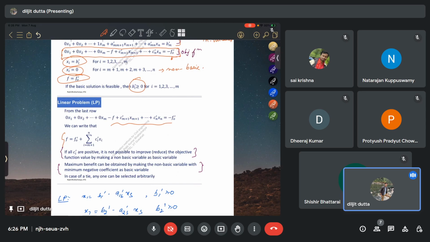Now if all the ci are positive, it is not possible to improve the objective function value, because, as I already told in the last class also, we consider a minimization problem, that is, the objective function is a minimization problem.